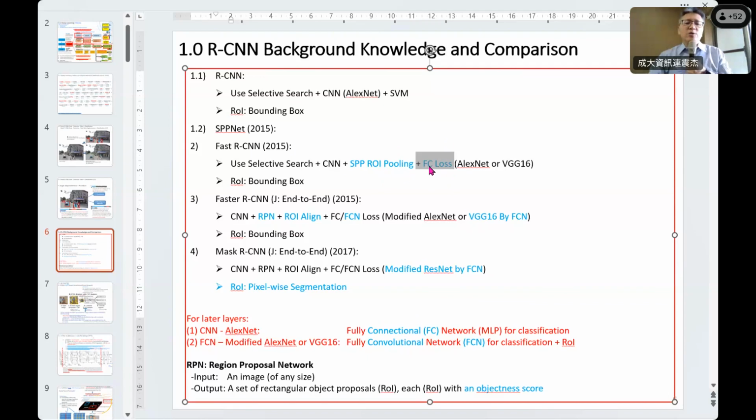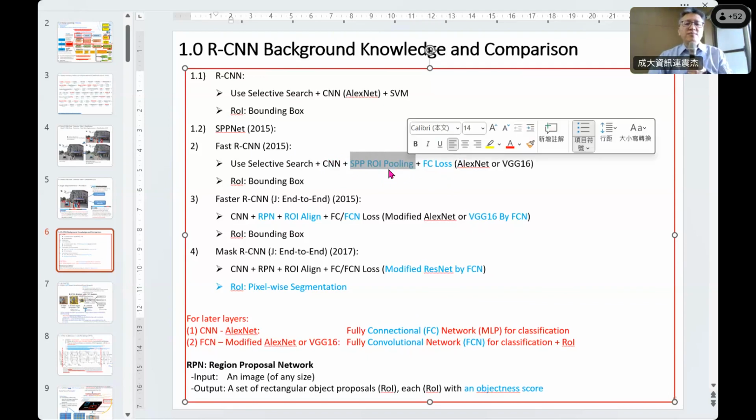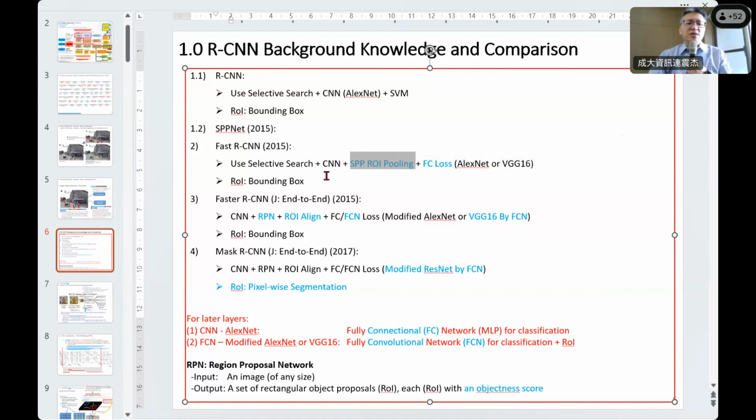Why do they use a network? Because CNN is a network, so they use FC so they can connect together. What is SPP for? SPP is for normalization, because your input image size is different. But FC is a neural network, they have a flatten, right?